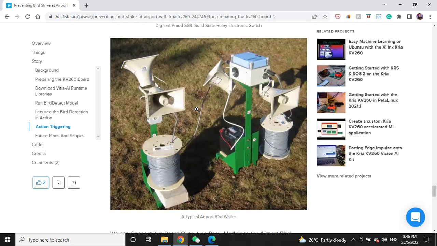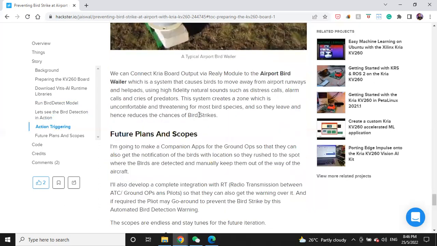I will use the conventional RT, the radio telephony that pilots use, or I can send it to the ACARS or anything like that, and it will just tell the pilot to go around, don't land. I tested it with my setup in a local airport, and the results are amazing.